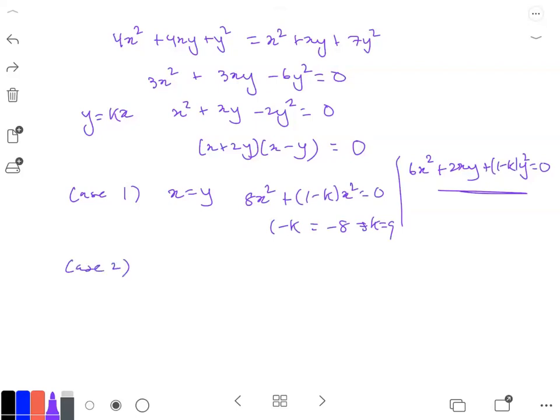And for the second case, that's when x equals -2y. I think it's easier to just replace x with -2y. So -2y squared is 4y squared.